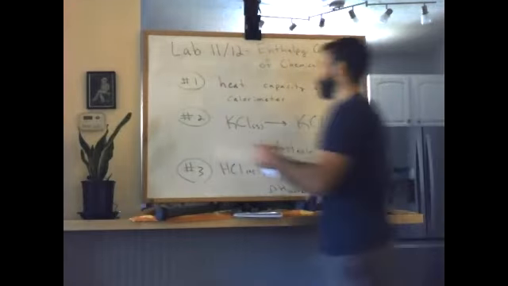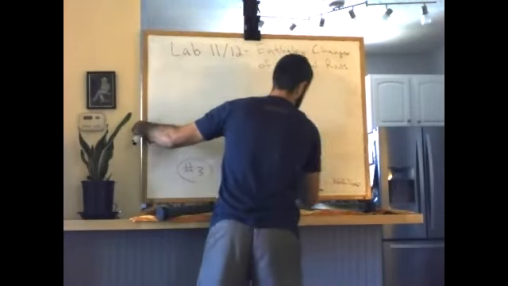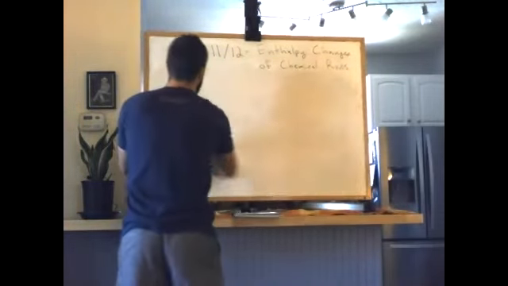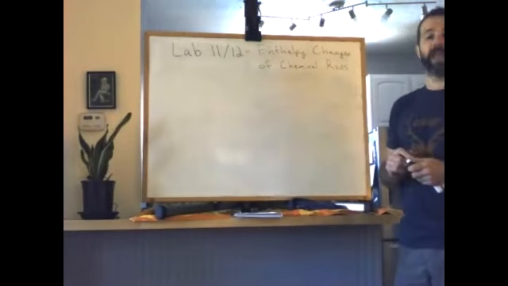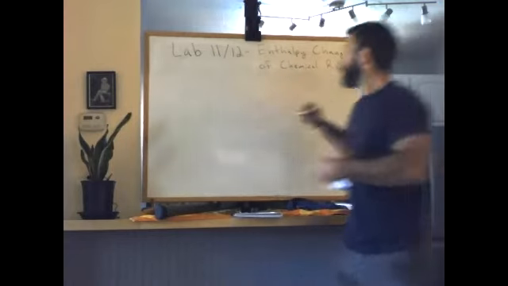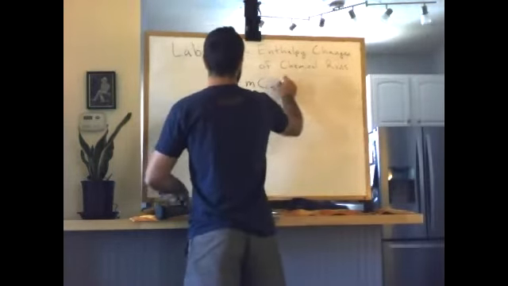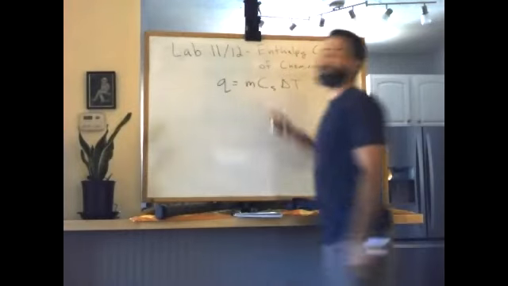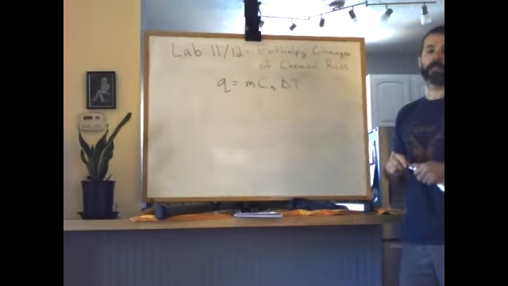And what we're really doing with calorimetry in this lab, calorimetry, we are relating a heat to a change in temperature. How do you relate a heat to a change in temperature? Well, it's related through the specific heat of something, or more generally, a heat capacity.